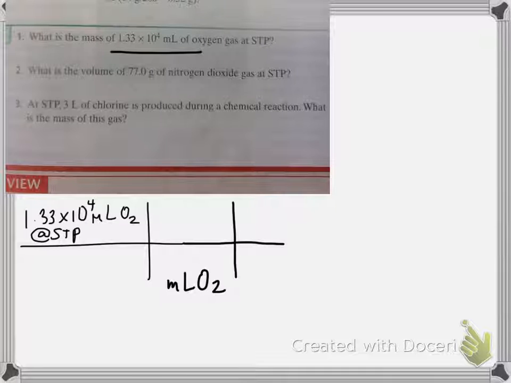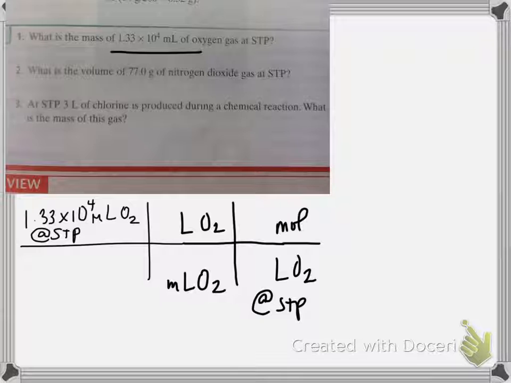Okay. Can I go right straight from milliliters to mass? My molar gas volume is in liters, so I first have to do a milliliters to liters conversion. So I know here I'm going to need liters of O2. What units, what chemical in the next space to cancel? Liters of O2. And from liters of O2, since I'm at STP, I know how many moles that is.